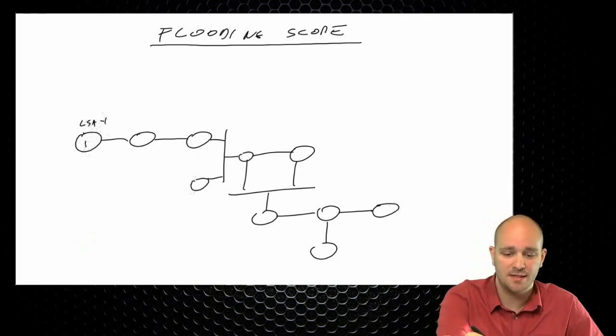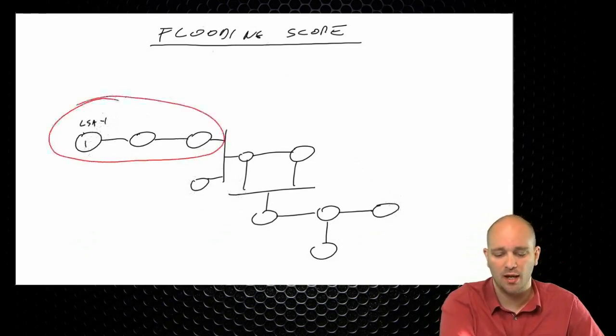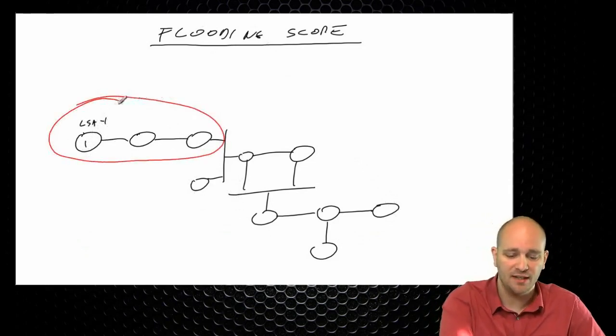Now, that depends on how many areas we have. If this was one area, for example, the flooding scope of this LSA would be this. So this would be one area.